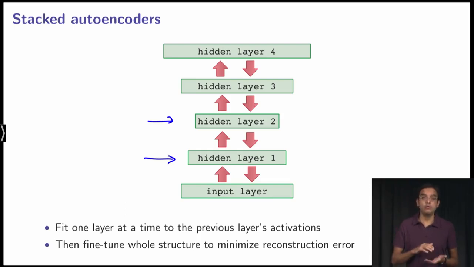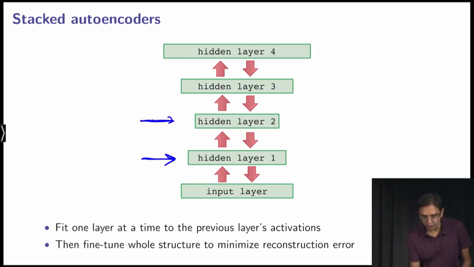How could we automatically learn this kind of stacked autoencoder? Well, one very natural approach is to do it level by level, bottom up. We start with the input level, and then we learn an autoencoder that gives us the first hidden layer. Then we think of the values in that hidden layer as being the new inputs.